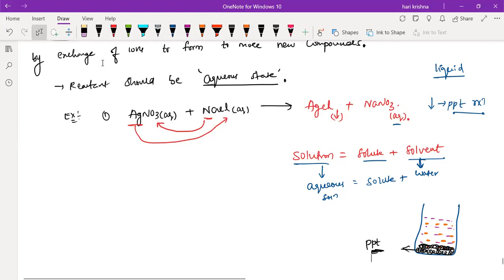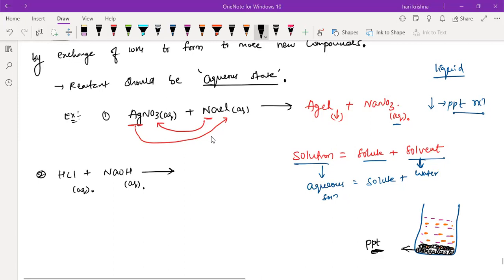So if you take the next equation, HCl plus NaOH, what will you get?